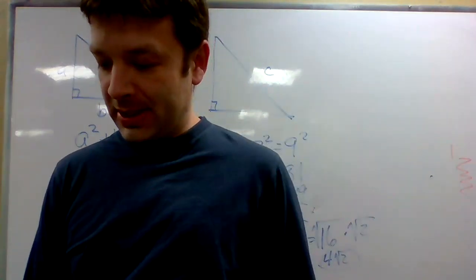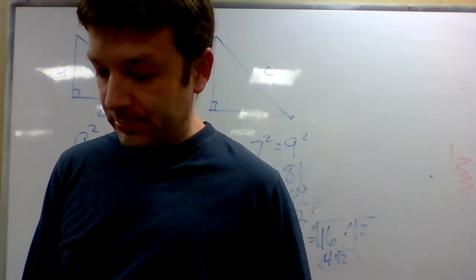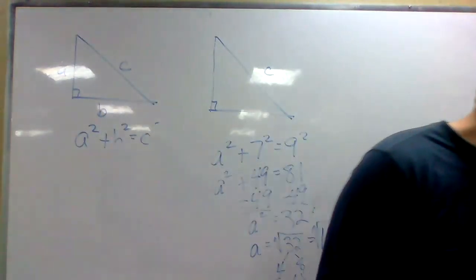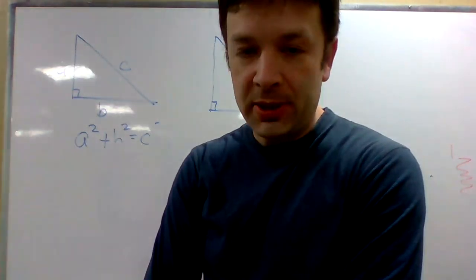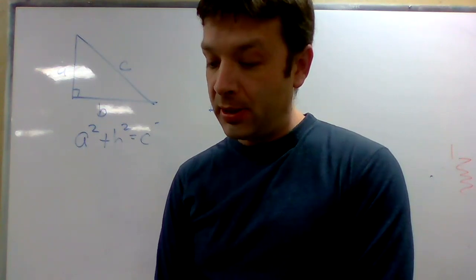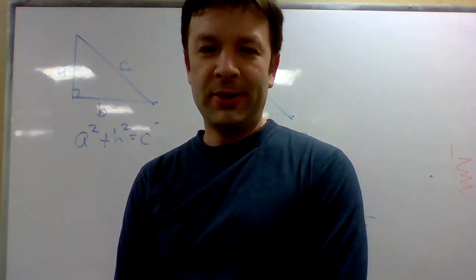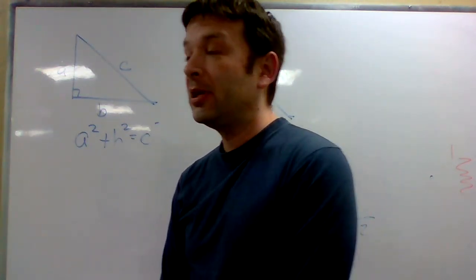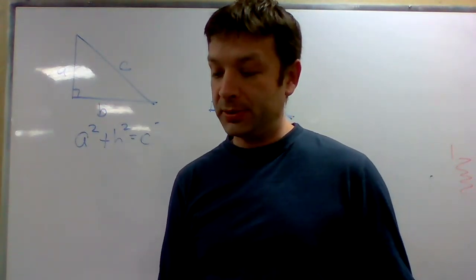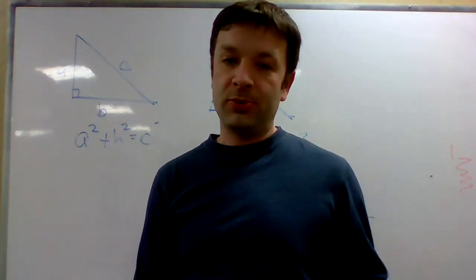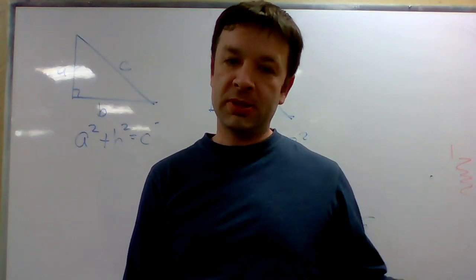All right, next section. It's not really anything new. A new kind of problem, not a new idea though. They're asking, are these right triangles, yes or no? We can tell because the Pythagorean theorem only works on right triangles. So if the Pythagorean theorem doesn't work, we're going to say no, because it's not a right triangle.